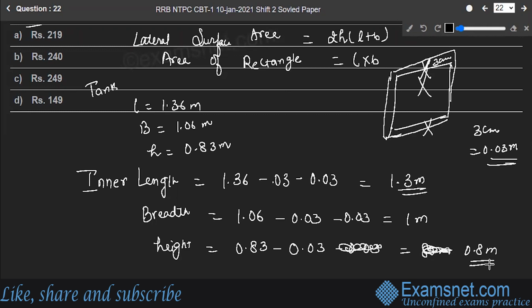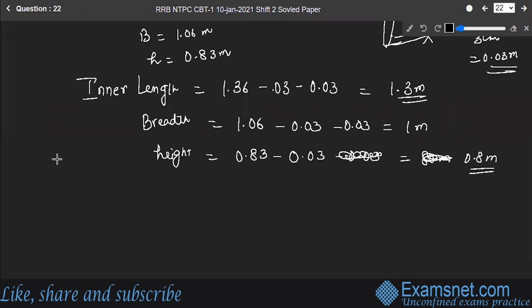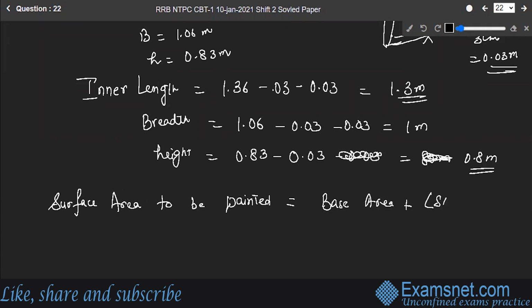Okay. Now, surface area to be painted is actually base area plus lateral surface area. Base area, it's in the form of a rectangle. So this is given to you as, if I convert, 130 centimeters, 100 centimeters, and 80 centimeters.